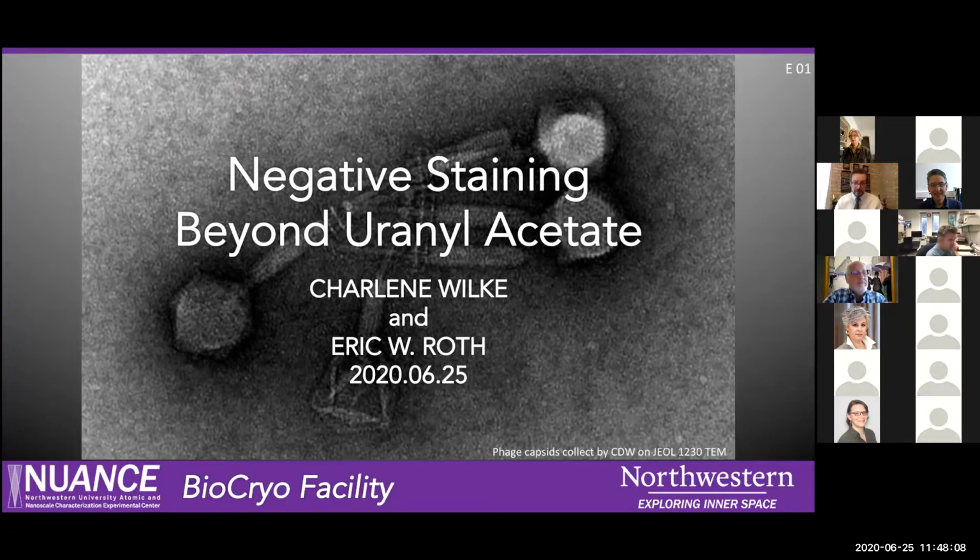Romain asks, can we use acidic staining reagents, including UA, with samples at pH 7? Okay, that's a good question. If you're using uranyl formate, you can't have that above a 5. That breaks at 5. Charlene, you've experienced that quite a bit with trying to make that up.